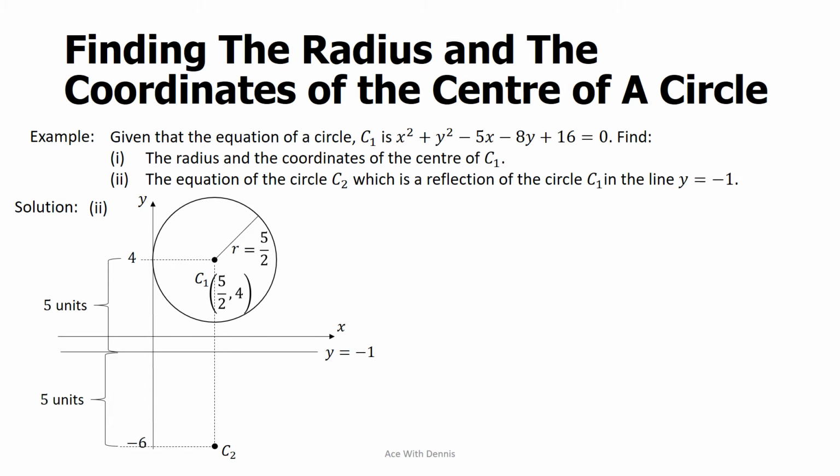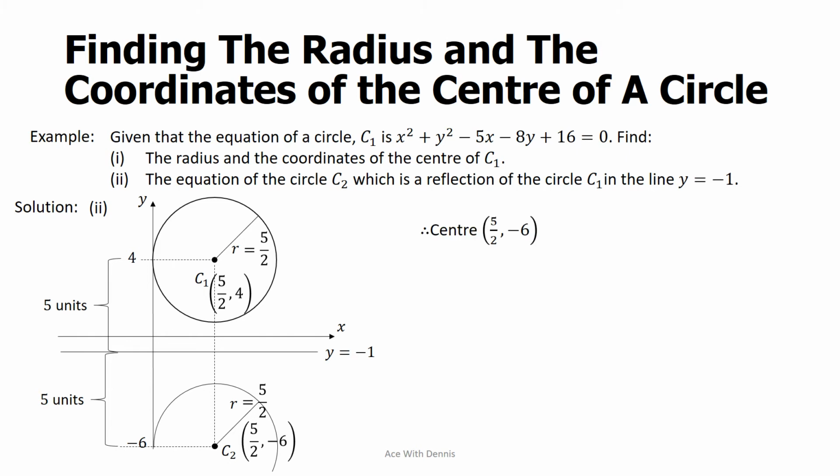Okay, from here, this will be -6. Therefore, the coordinates of C2 will be (5/2, -6). The radius will be the same, which is 5/2. Hence, this is the image of the circle C1, which is C2.